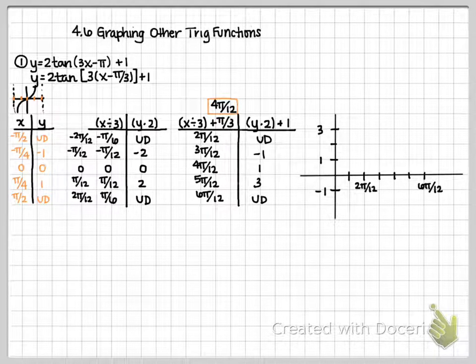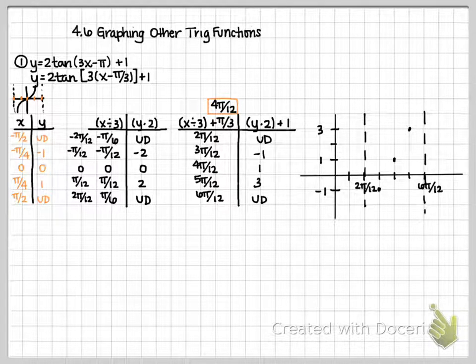All right, so at 2 pi over 12, looks like I have an asymptote. Then at 3 pi over 12, I'm at -1. 4 pi over 12, I'm at 1. 5 pi over 12, I'm up at 3. And then 6 pi over 12, I have my asymptote again.